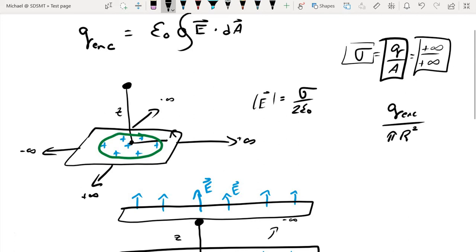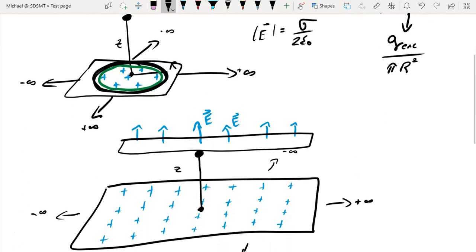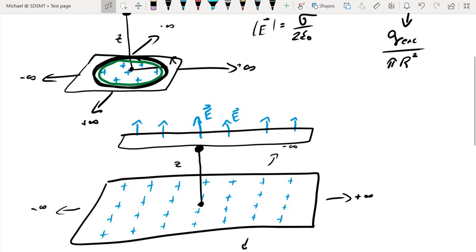I'm going to have to scale it down to some kind of a sample, like a disk. So let's try that. Instead of trying to use the entire area, let's just scale it down to a disk.